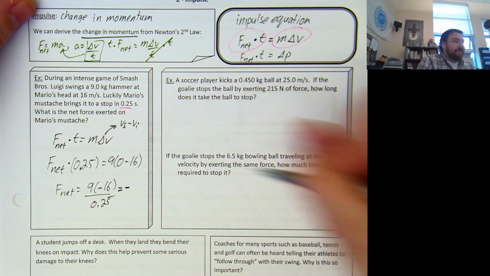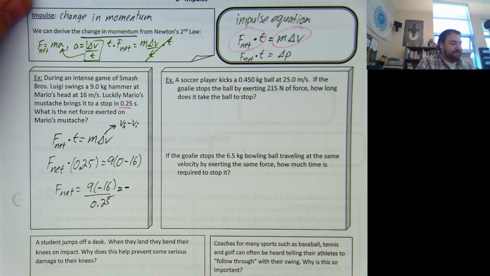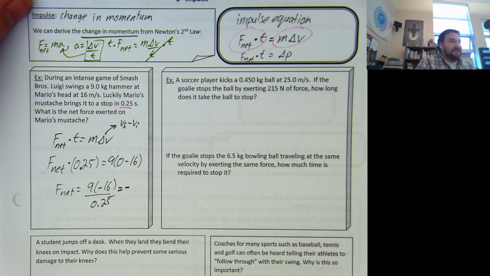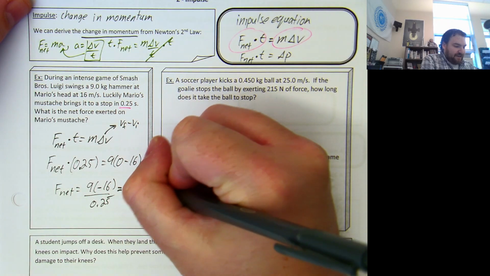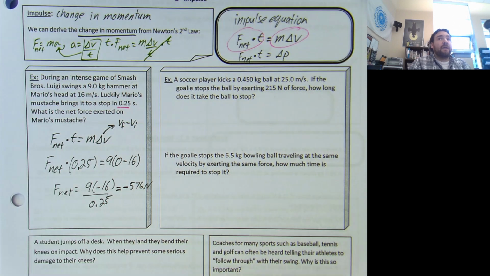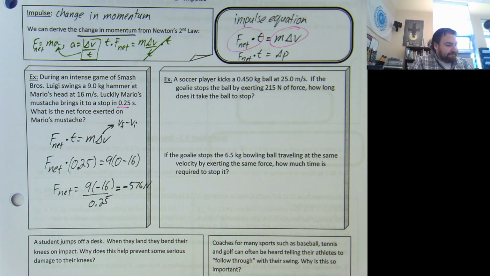Hopefully your answer is negative. What's 9 times 16 divided by 0.25? Brad. Negative 576 newtons. Why is it negative?